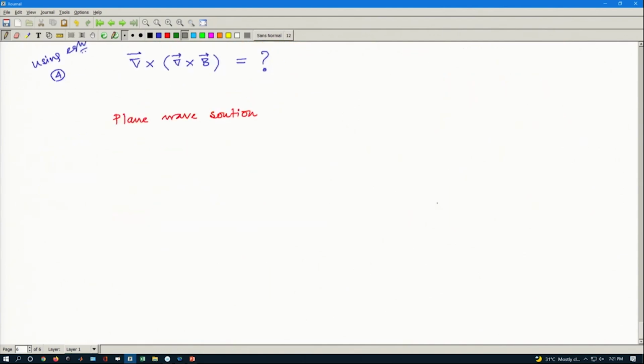So, here we are going to get a plane wave solution, and this plane wave solution of the Maxwell's wave equation is of the form E is equal to E0 e to the power of i (k dot r minus omega t). That is the solution when k is equal to omega divided by c.